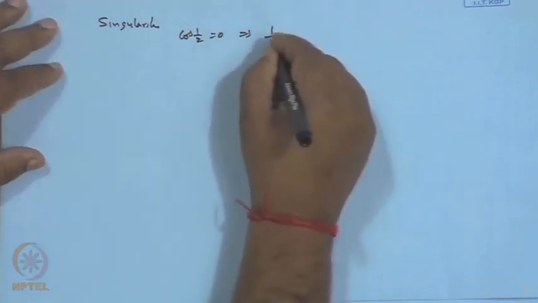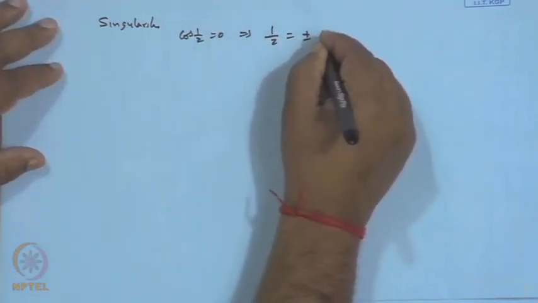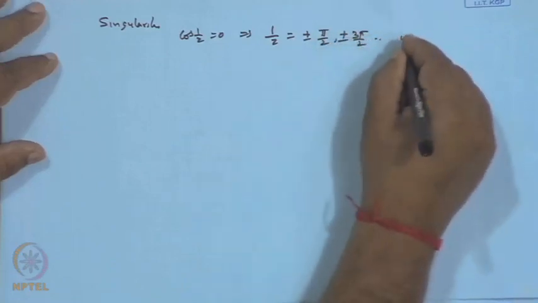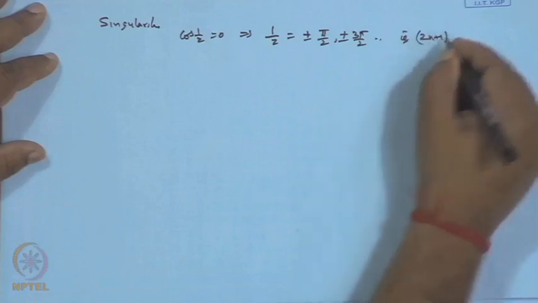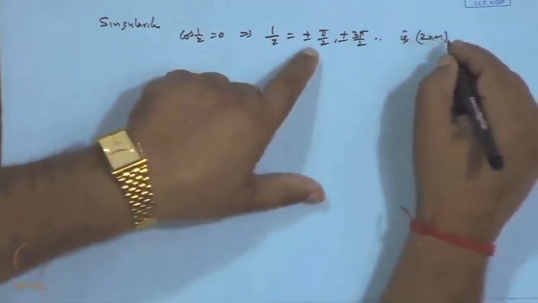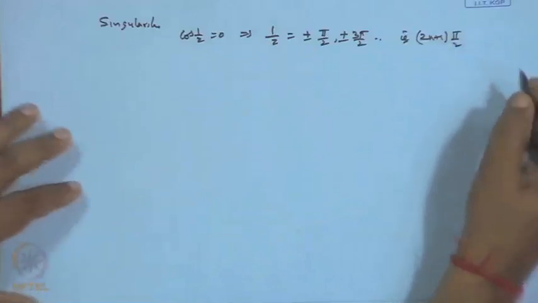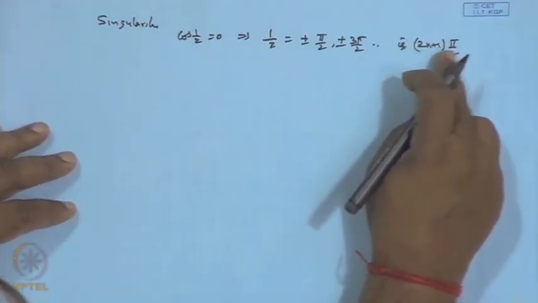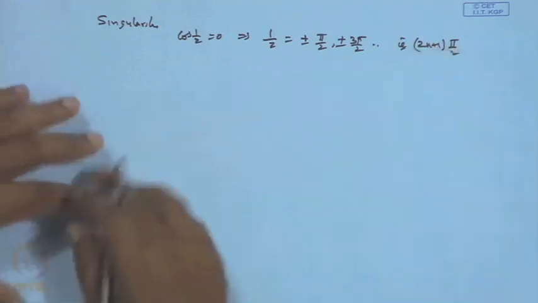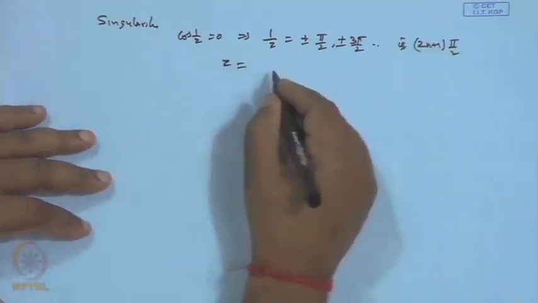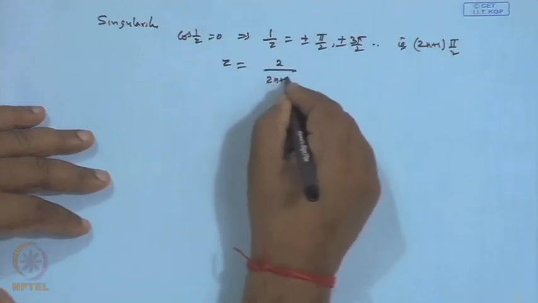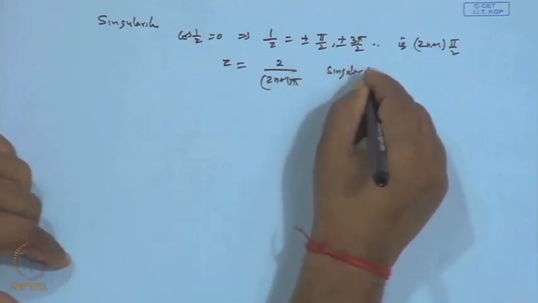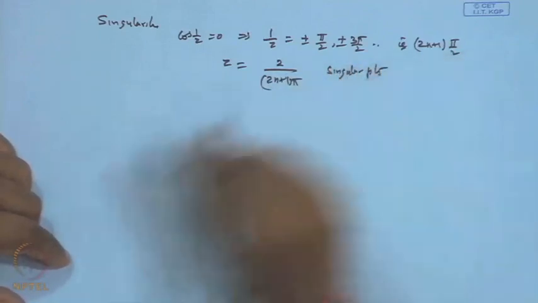It means 1 by z must be an odd multiple of pi by 2, that is, 2 n plus 1 times pi by 2, where n is 0, 1, 2, 3 and so on. Now, z becomes 2 over 2 n plus 1 pi. So, these are the singular points of this.